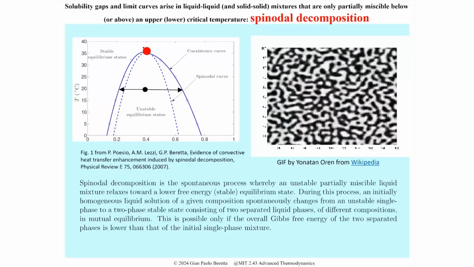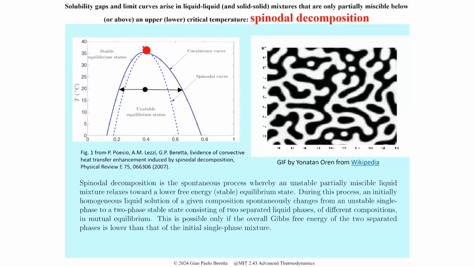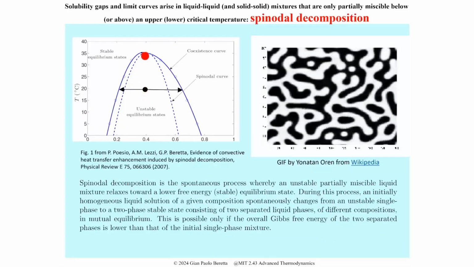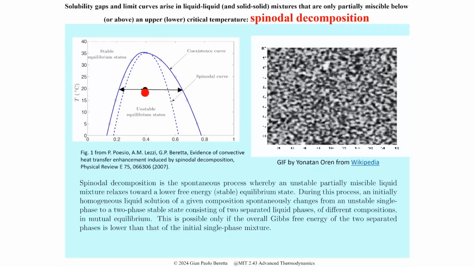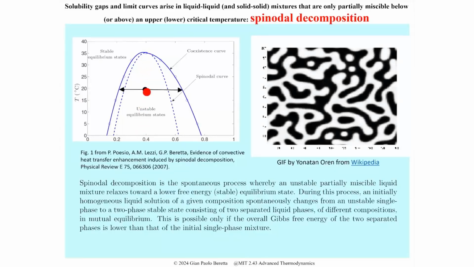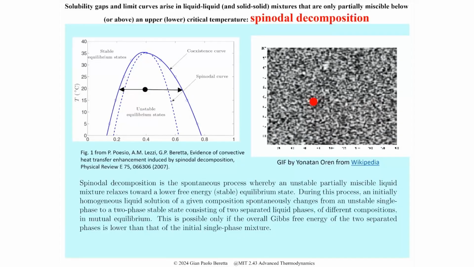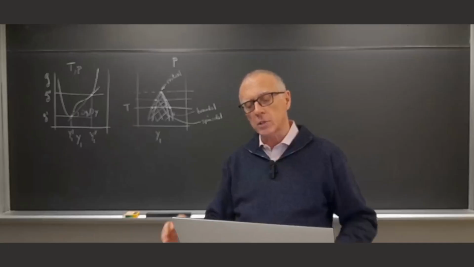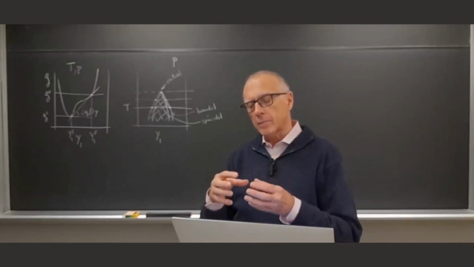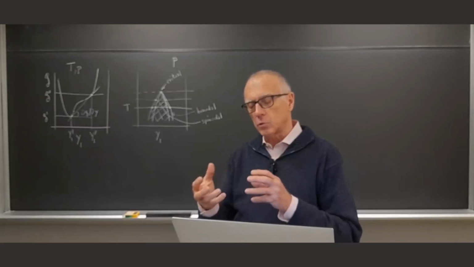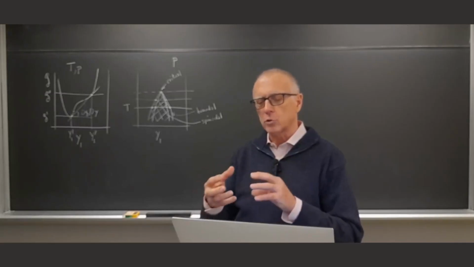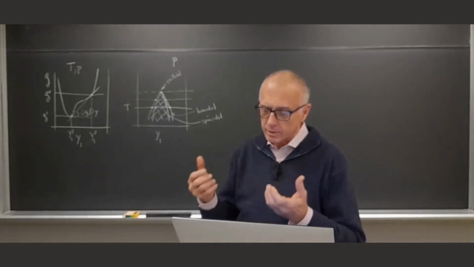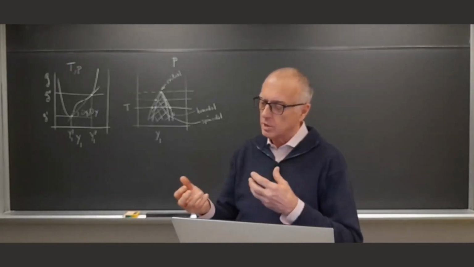And also here, if you do this quenching at exactly the critical composition, then the mixture doesn't form drops. In the van der Waals case, it's neither drops nor bubbles.